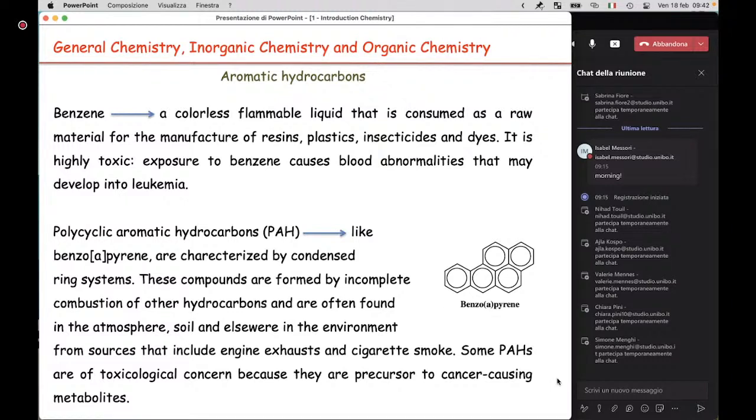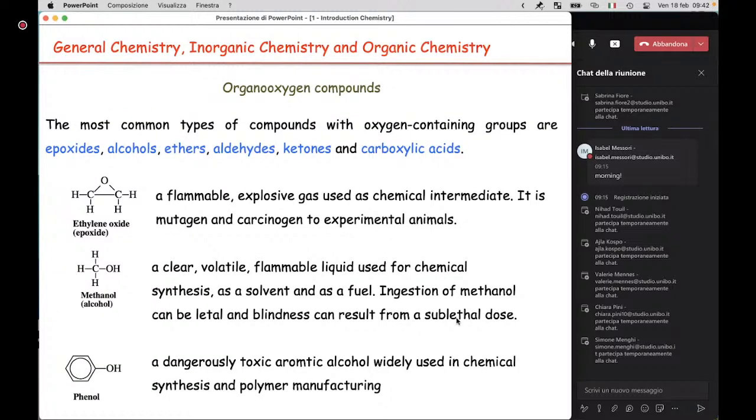Again, in addition to benzene, also several PAHs are carcinogenic. We will see in the following that it is not the molecule by itself, but a derivative of the molecule that is formed within the body. So the molecule enters the body, the body modifies it, and the modified molecule is toxic and carcinogenic. But we will see it in the following.